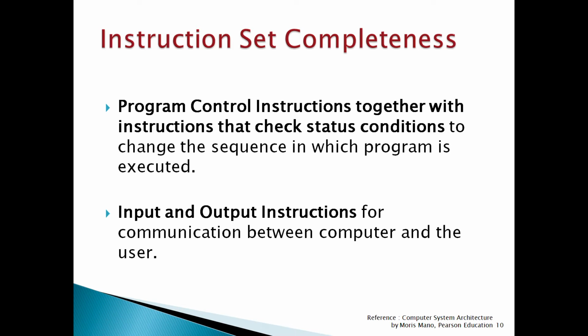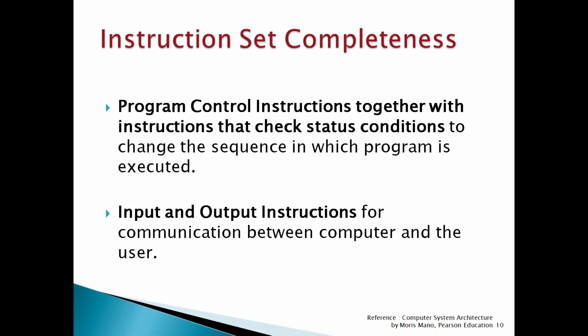After that, there are program control instructions together with instructions that check status conditions. When we say if flag is 0, if flag is 1, if the number is negative, if accumulator is positive, all these are known as status check conditions. Program control instructions are skip if 0, skip if positive, skip if negative, skip if output flag.